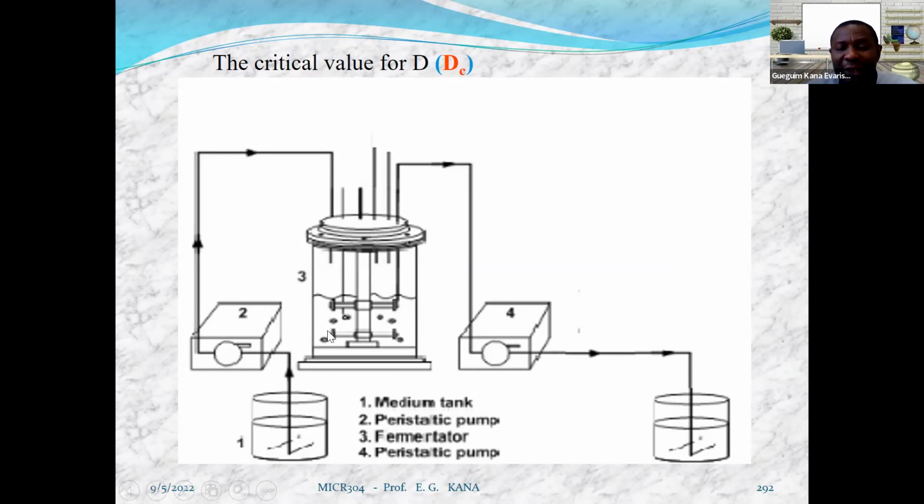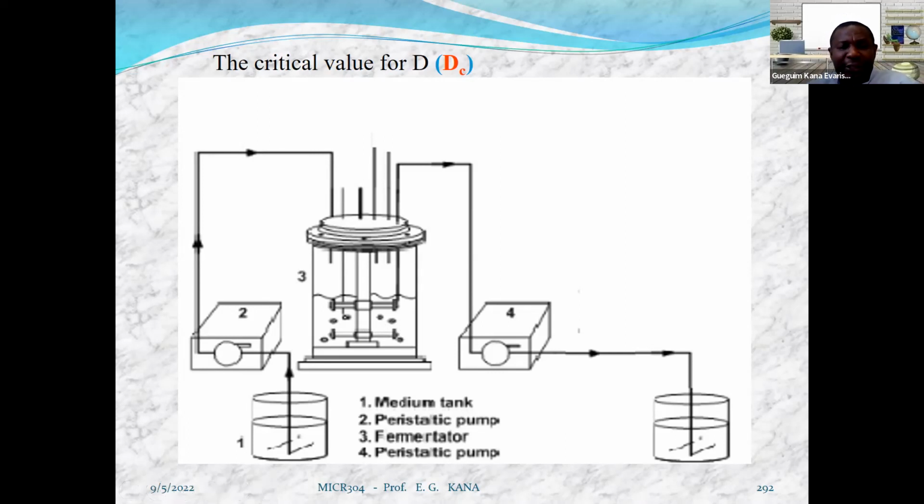Whenever your dilution rate exceeds that point, which corresponds to the maximum specific growth rate, as your classmate said last time, you have passed the critical dilution rate, the dilution rate at which the growth rate can no longer match that dilution rate. That's your critical dilution rate.